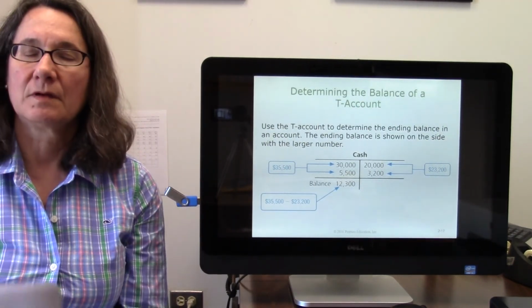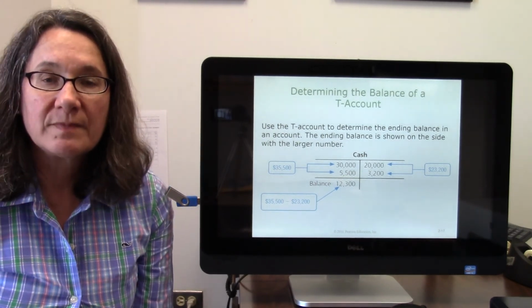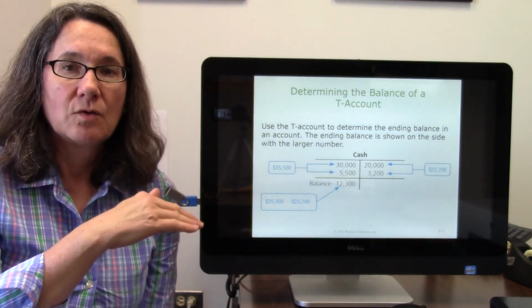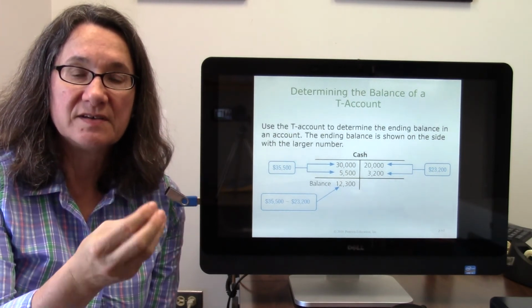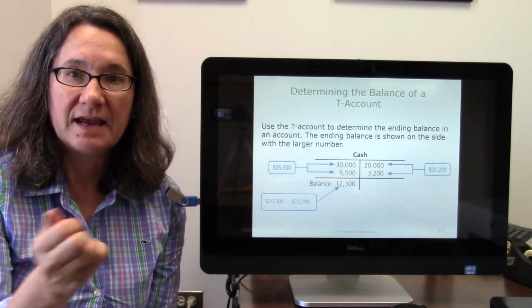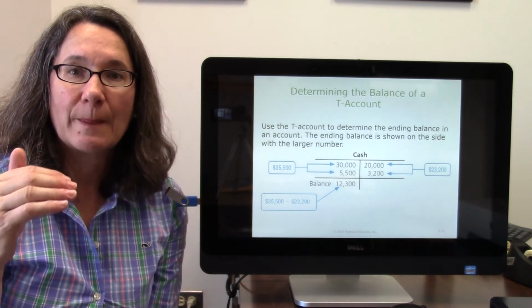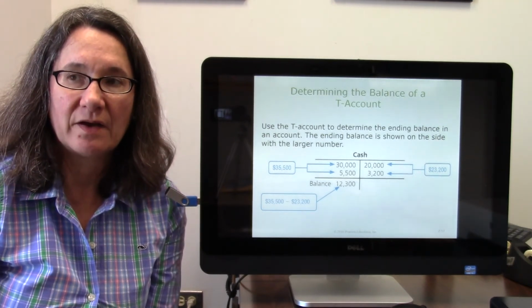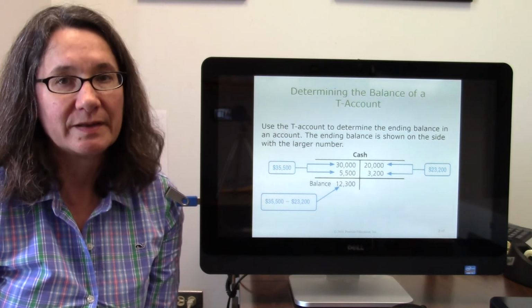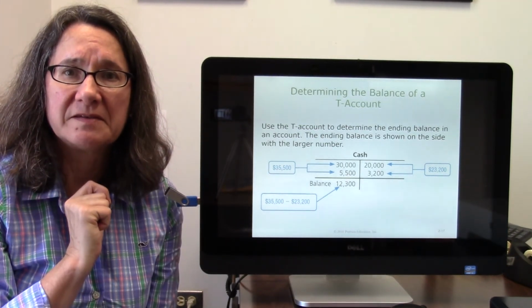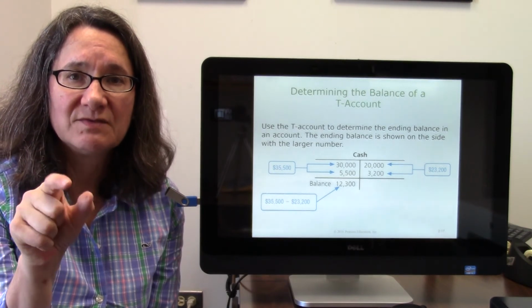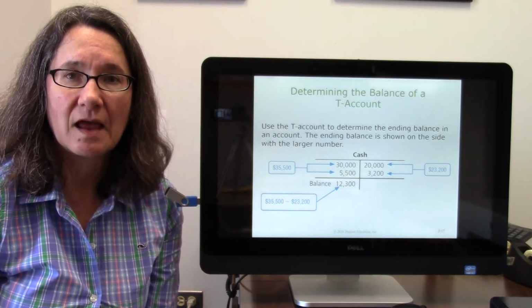So, what's the point of this? Well, we're learning how to increase or decrease an account because, at the end of the day, I need to report out the balance on that account, right? We learned about the income statement and the balance sheet. We just want to know, how much cash do we have on this day? How many receivables do we have on this day?